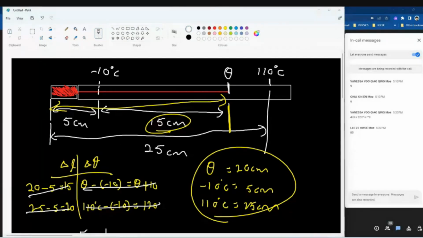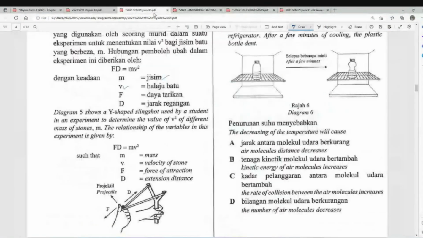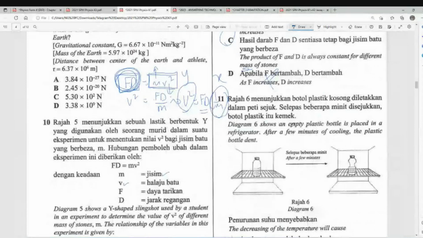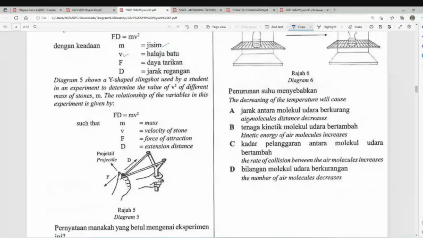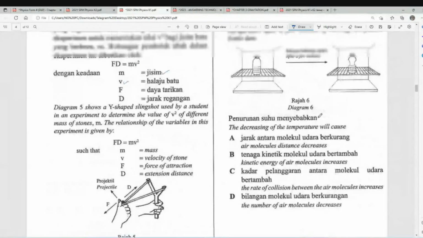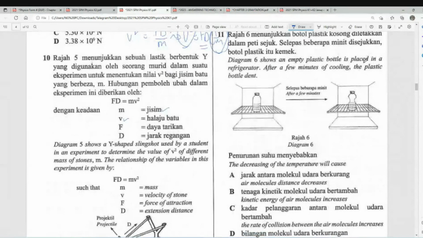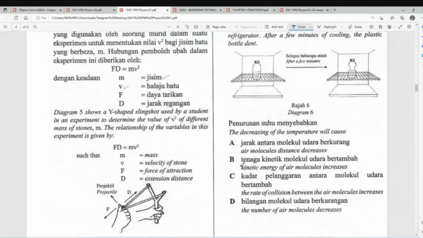So now we see last year, is there any question related to chapter 4? I think mostly you will be more focused on the gas law. As you can see here, the decreasing of temperature will be caused, right? So this is about the kinetic theory of gases. An empty plastic bottle is placed in the refrigerator, and after a few minutes of cooling, the air molecule distance decreases.